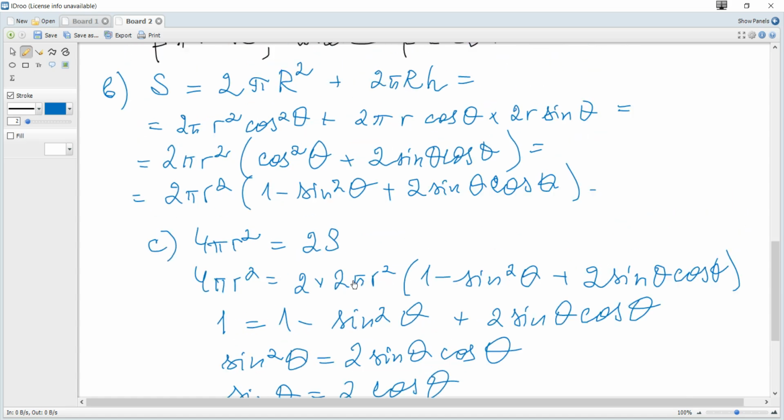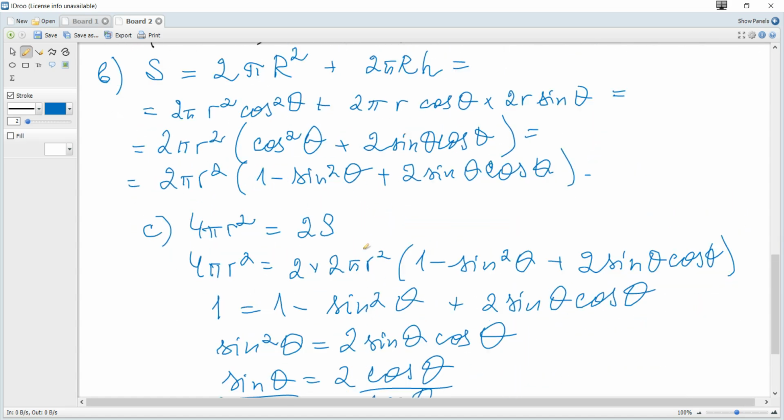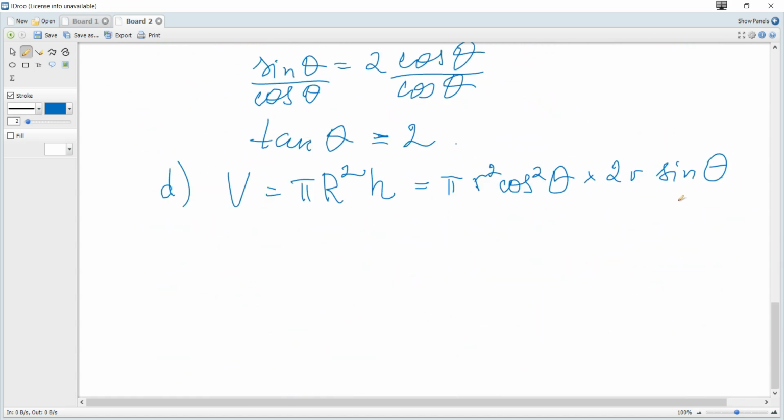You can see that r cubed remains, so it becomes 2 pi r cubed sine cosine squared. To calculate it, we need to know the value of sine and the value of cosine, but what is given is the value of tangent.